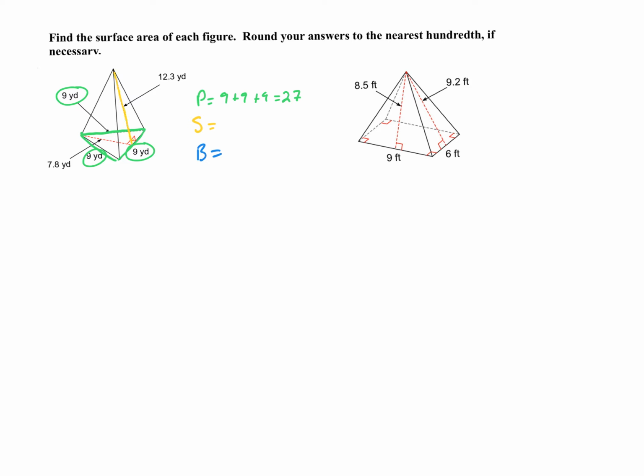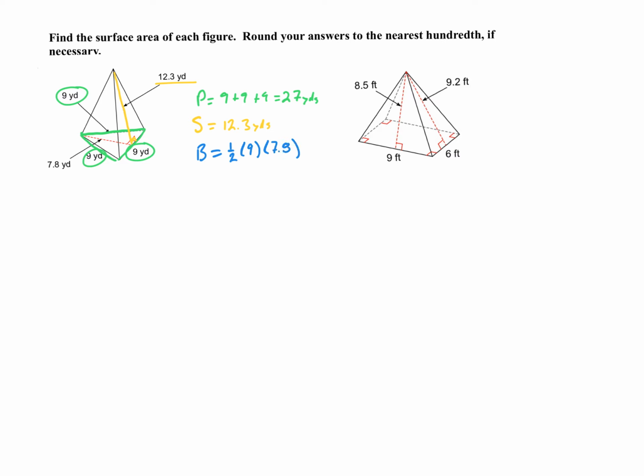If I were to walk up the side of that, it is 12.3 yards. And then the area of the base, since the base is a triangle, I know it's going to be 1/2 the base times the height. And remember, those are always perpendicular, so it's going to be 1/2 of 9 times that 7.8.